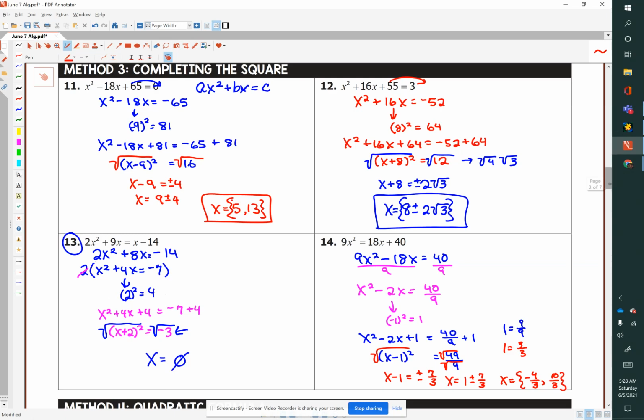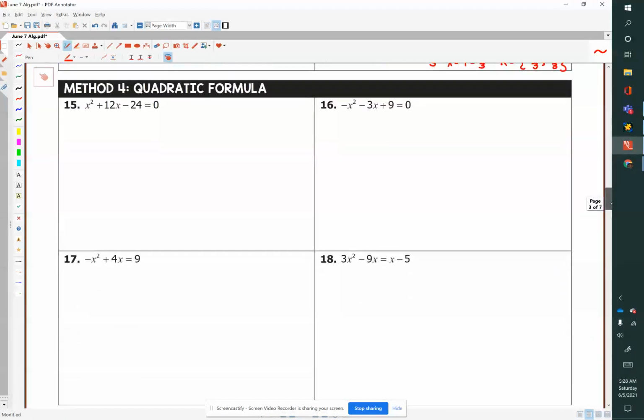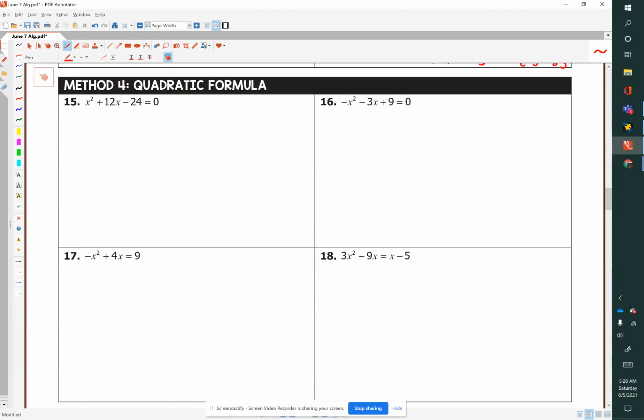So now let's go to the quadratic formula. Let's see how well you remember this. Okay, number 15, x squared plus 12x minus 24 equals 0. So let's identify our A, B, and C. So our A equals 1, our B equals 12, and our C equals -24.